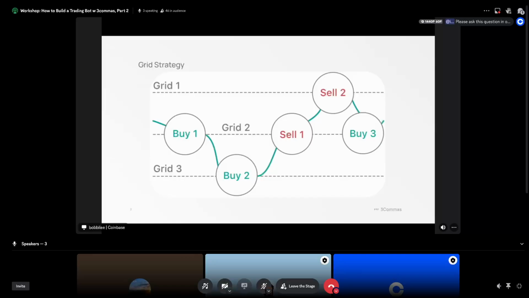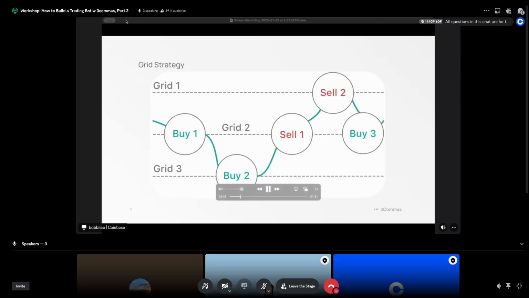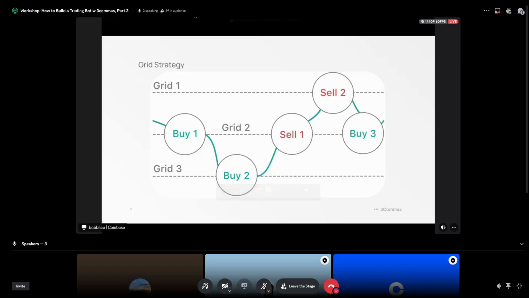Imagine that grid one is the $20 level and grid three is the $10 level. So the grid bot divides the range into several intervals, let's say by $1. And at each interval, the bot places a buy order at a lower price and a corresponding sell order at a higher price. So let's say if the price is currently at 15, the bot might place a buy order at 14 and a sell order at 16.